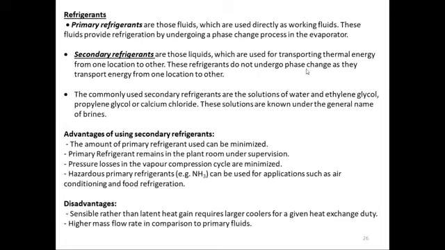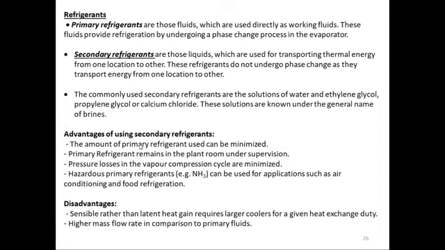The commonly used secondary refrigerants are solutions of water, ethylene glycol or propylene glycol or calcium chloride. These solutions are known under the general name of brines. So the common secondary refrigerants are water and a mixture of water and salt, or water and glycol solution.